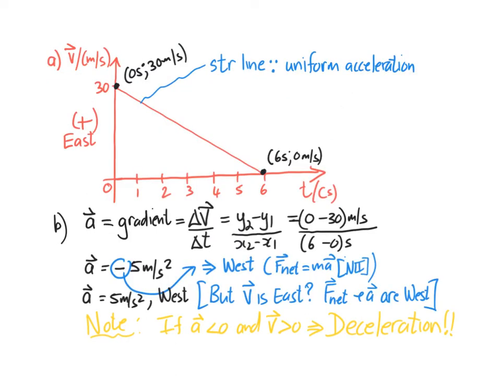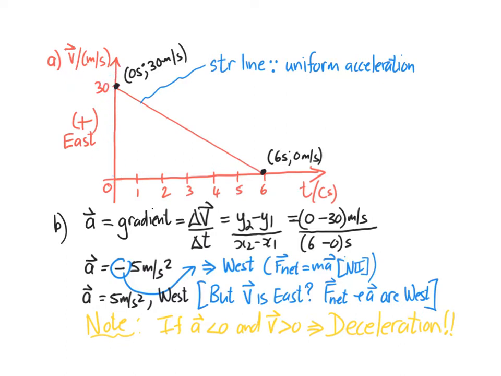Because the deceleration is uniform, we can assume that the velocity versus time graph is going to be a straight line. The initial velocity is 30 meters per second and the final velocity is 0 after 6 seconds. We obviously must label our axes appropriately.